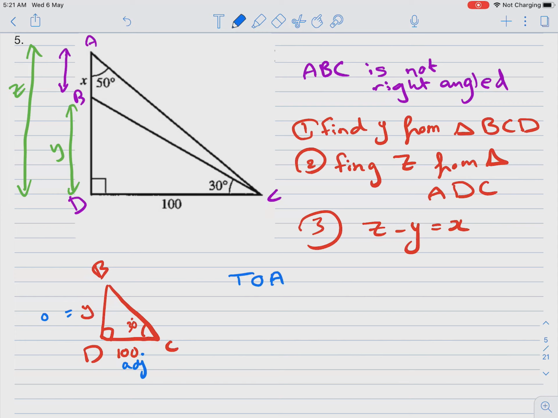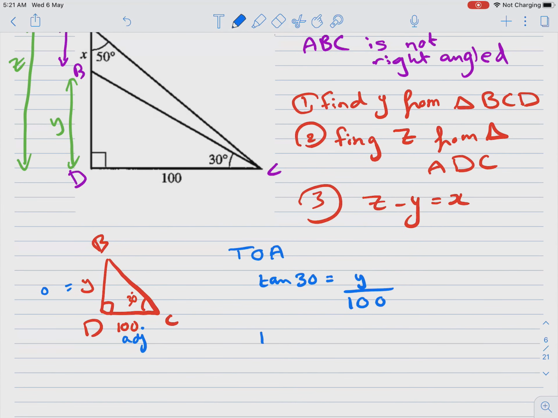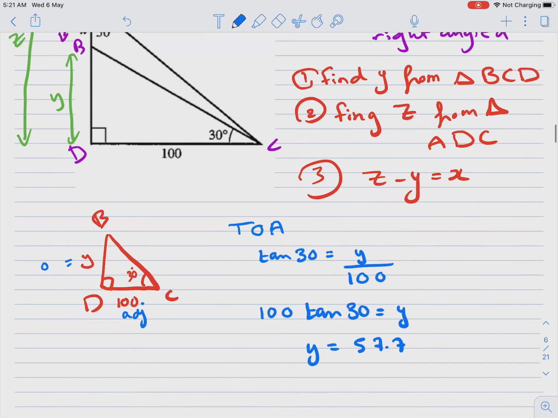So tan 30 is equal to opposite, which is y, over the adjacent, which is 100. So 100 tan 30 is equal to y. Then I calculate this, which will give me 57.7. So y is equal to 57.7.